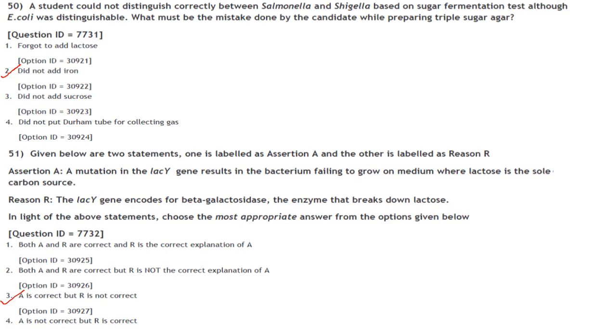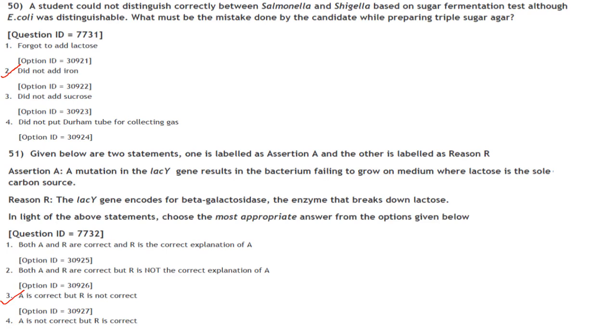So triple sugar agar is designed to differentiate among organisms based on differences in carbohydrate fermentation pattern and hydrogen sulfide production. And carbohydrate fermentation is indicated by the production of a gas and change in the color of the pH indicator from red to yellow.